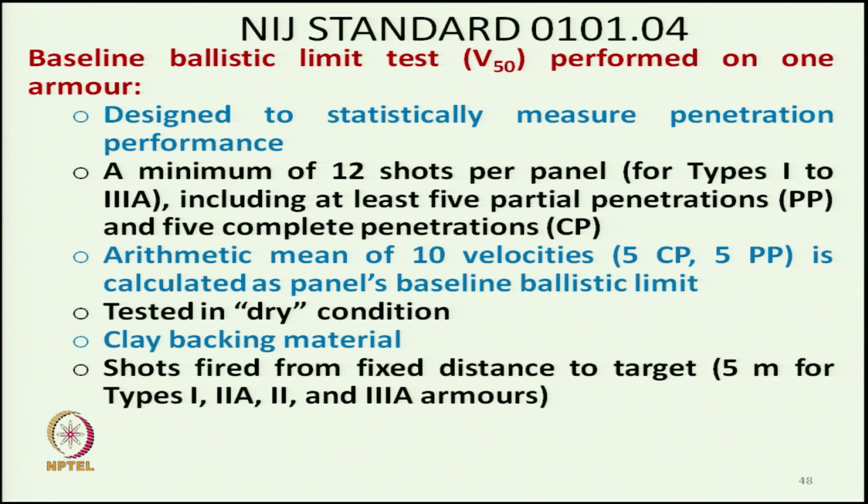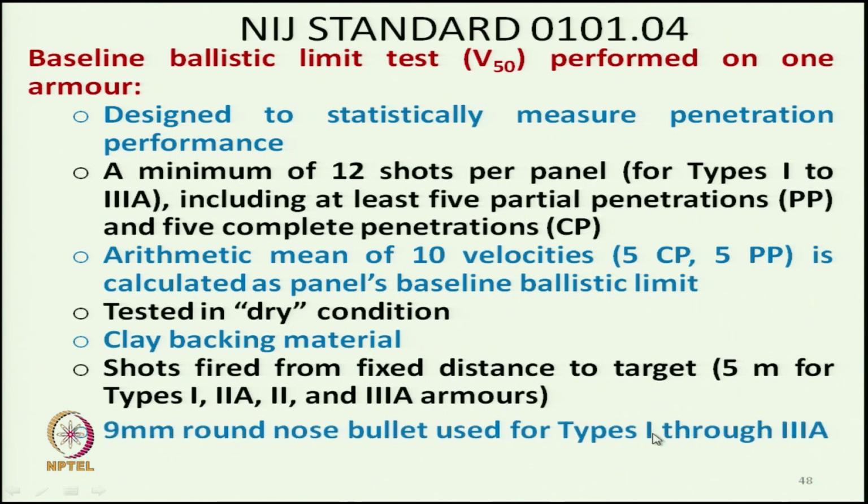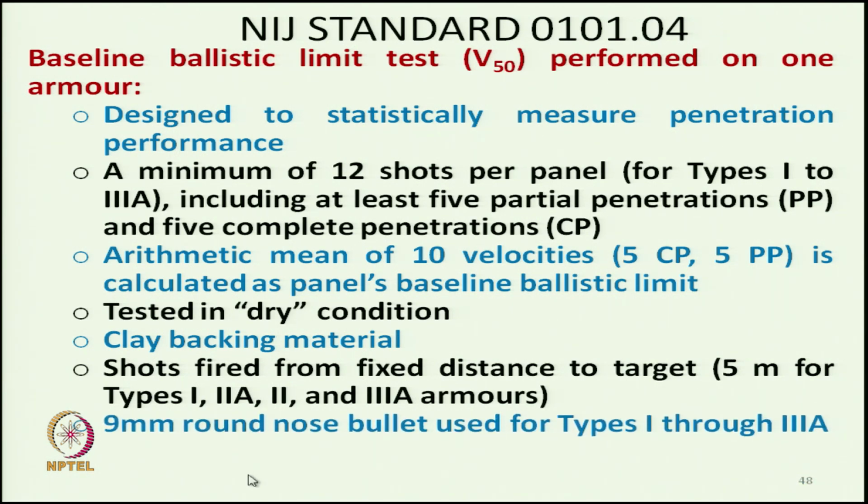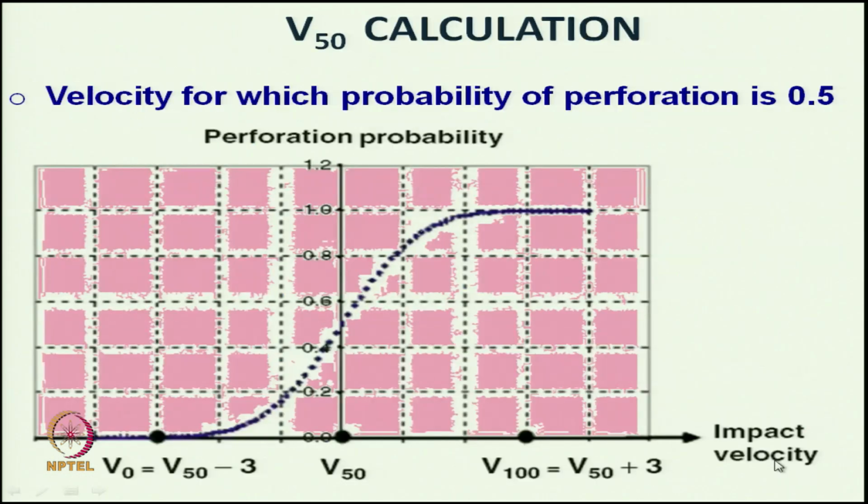As I have already described, shots are fired from a fixed distance to the target, that is 5 meters for type 1, 2A, 2 and 3A armor, and 9 millimeter round nose bullets were used. These are used for type 1 to type 3A.